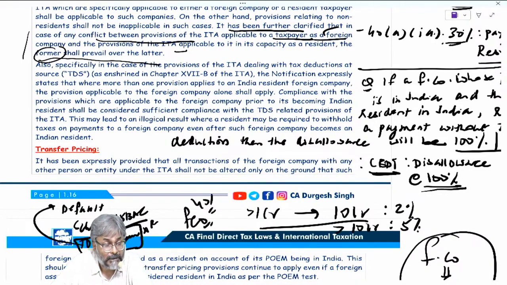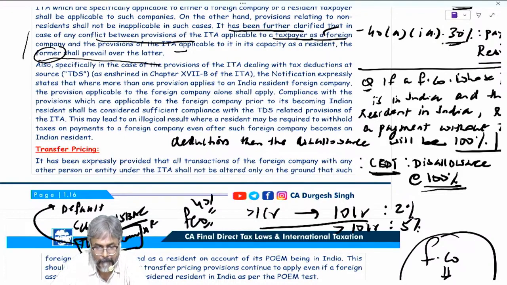Chapter 6A also has a 90-95% restriction on taking deductions, and thereafter your total income under the default scheme will be calculated. Once your total income under the default scheme is calculated, thereafter what? Is that part clear to all of you, students?